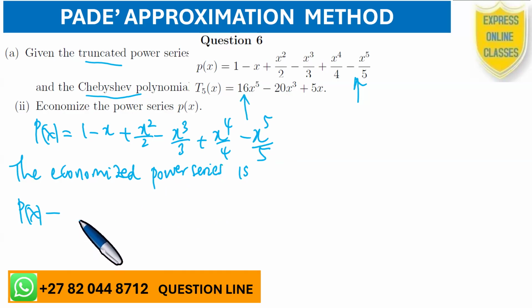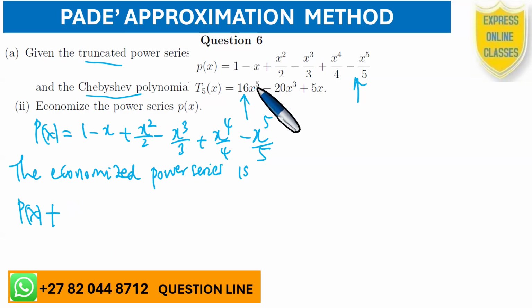To economize the power series is to use elimination to remove the highest power, x to the fifth power. If we do that, we have x to the fifth power that occurs exactly at this particular point. Because this x to the fifth power is minus, we need to add with this one so that it can become 0.